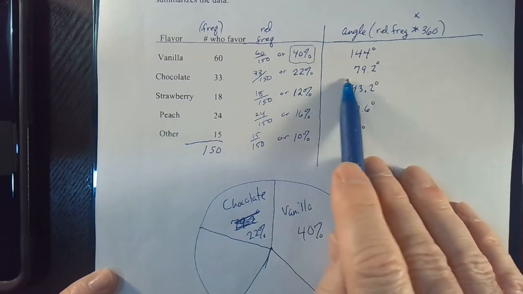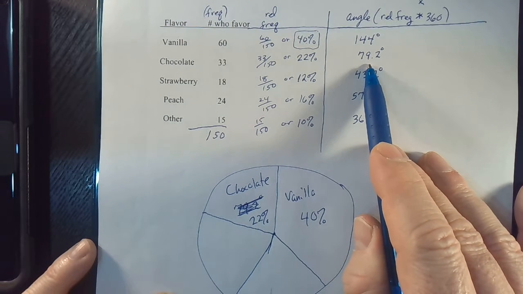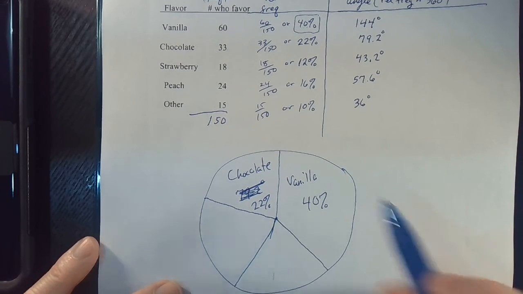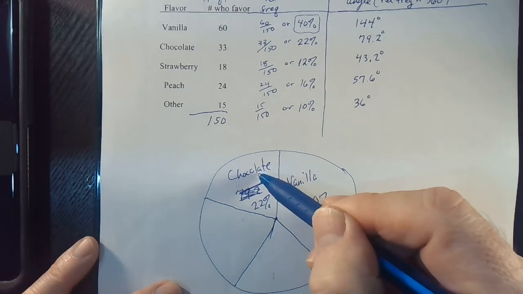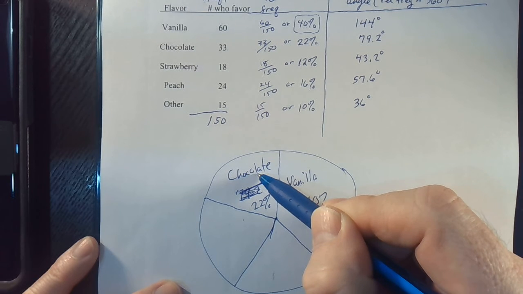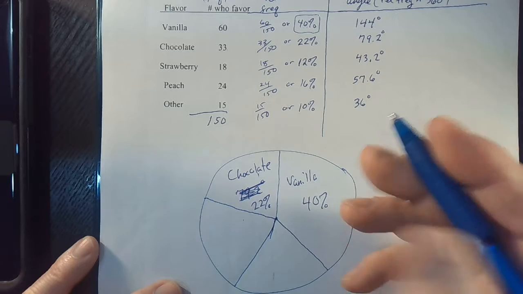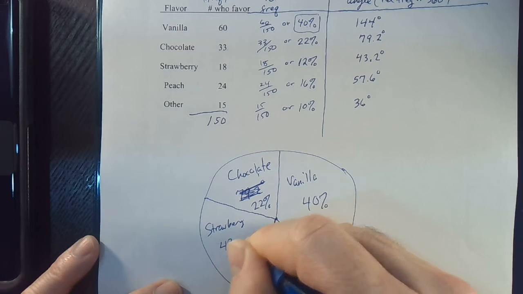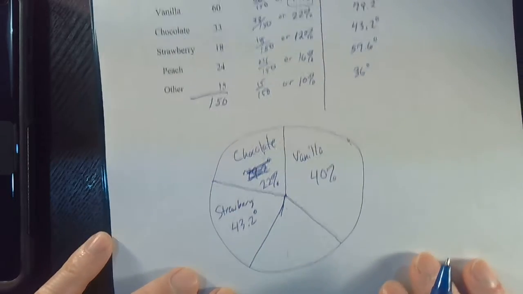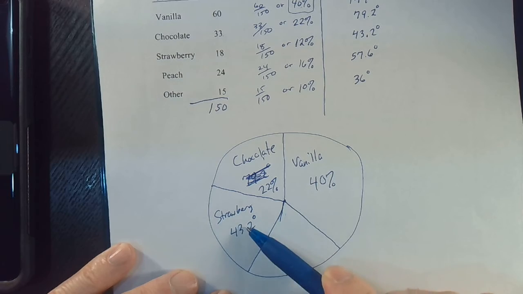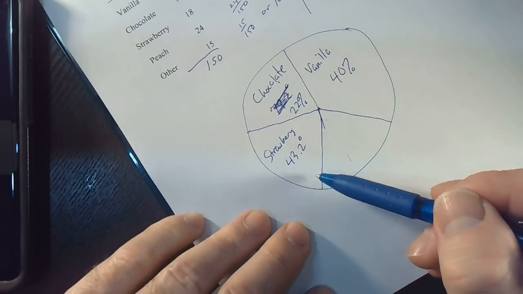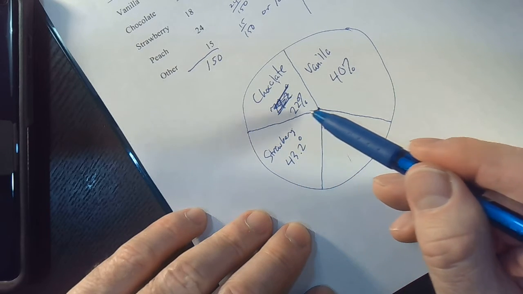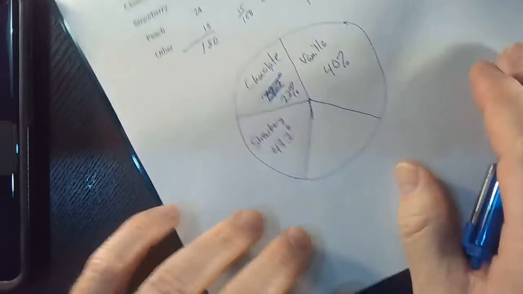Chocolate should have been, let's see, no, that's close to 90 degrees. Yeah, I guess that's reasonable. This should be almost twice the size of chocolate, though. So strawberry is 43.2%. And that isn't too bad. Remember, well, it's a little bit small. If it were 45%, then this should be 1/4 of the circle. So we made it a little bit less than 1/4. So not terrible.